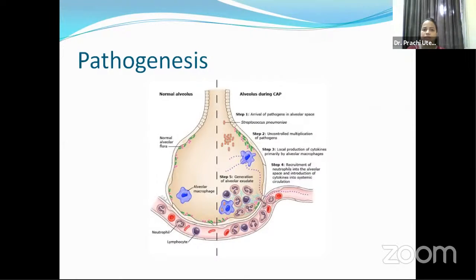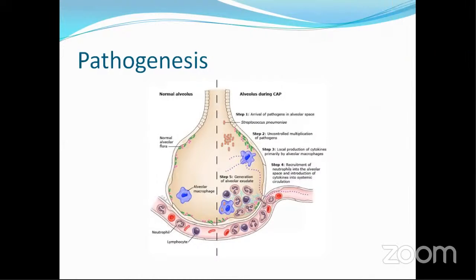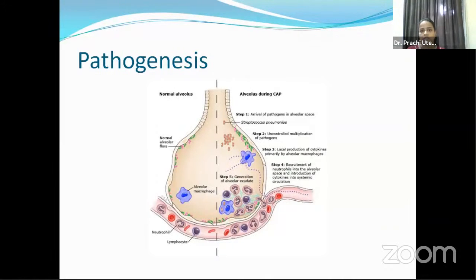It is not one or two bacteria; when the bacteria are in multiple numbers and reach a larger amount, then the picture starts. There is accumulation and multiplication of the bacteria inside the alveolus, and the inflammatory mechanism sets in. That is the local production of cytokines.